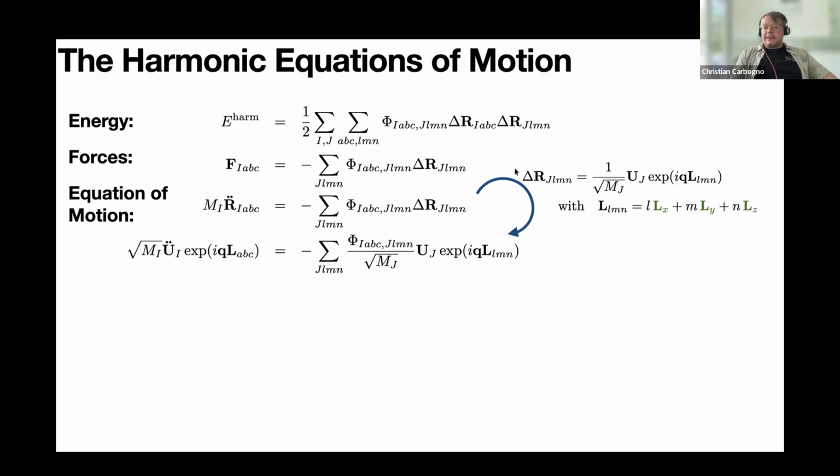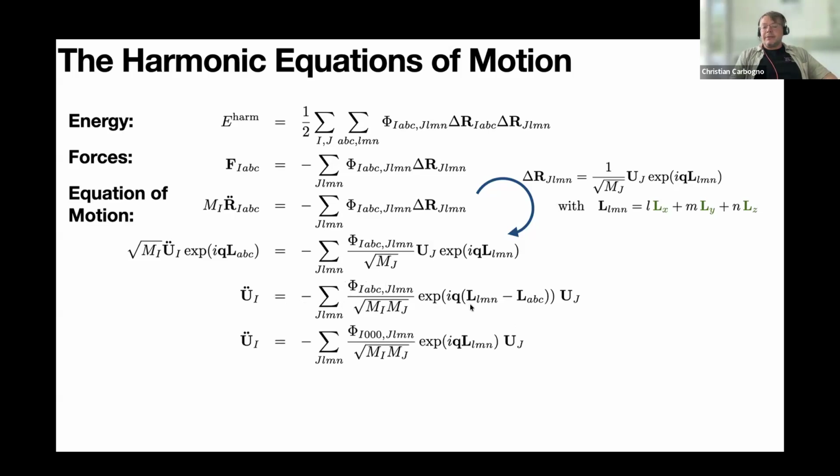If we put this into the equation, it simplifies a little, and we can then put all phase factors on different sides. What we then get is an equation for the derivative of the displacement in the unit cell with this quite complex structure.